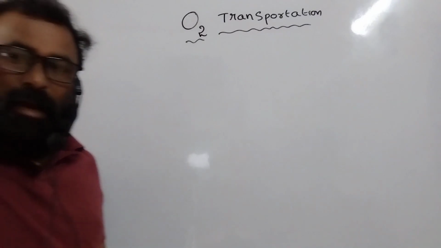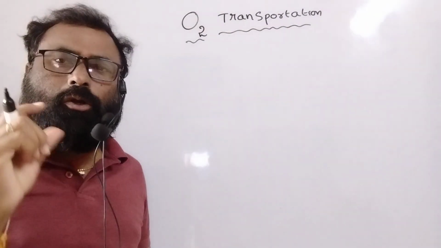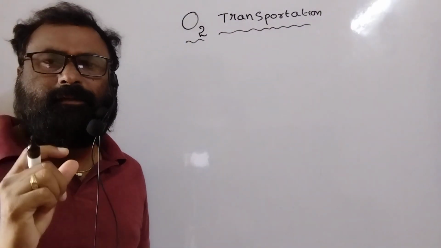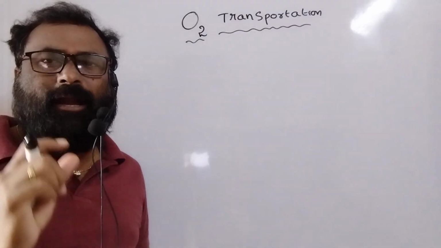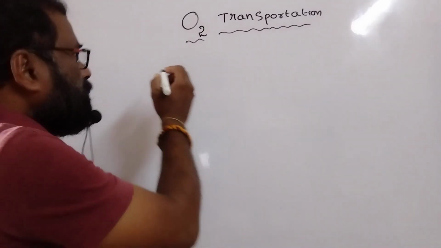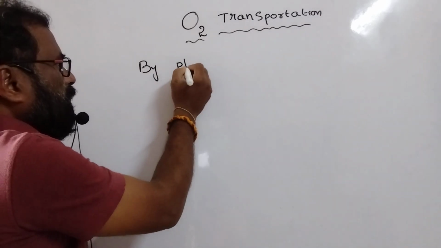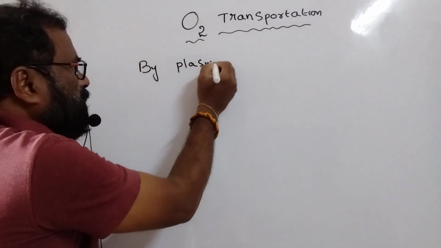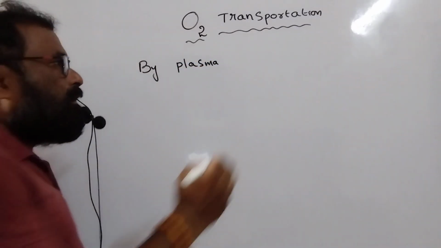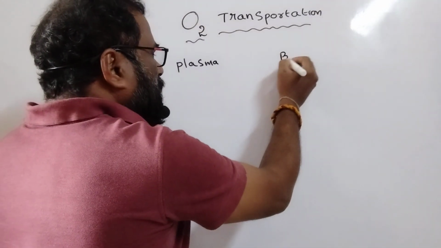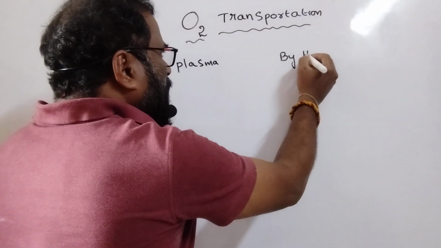O2 is transported in two ways. One is by plasma. The second one is by hemoglobin.